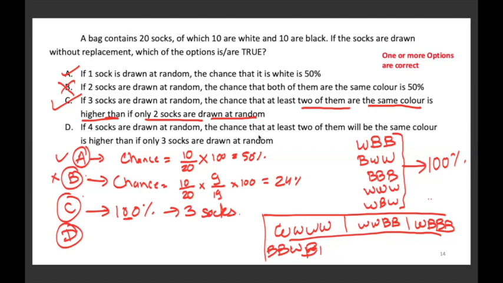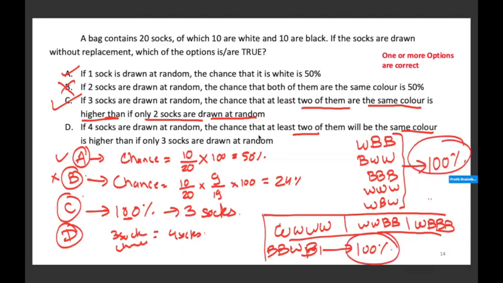So in any of the possibilities आपके पास भी 100% रहता है कि there are more chances of at least two of them having the same color, which is 100%. So three socks drawn at random का chance will be equal to four socks. It won't be higher. Okay, यहाँ पे भी 100% है, यहाँ पे भी 100% है. So D is wrong. Correct answer is A and C.